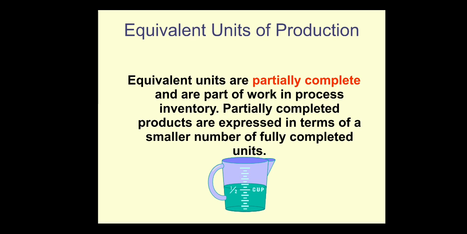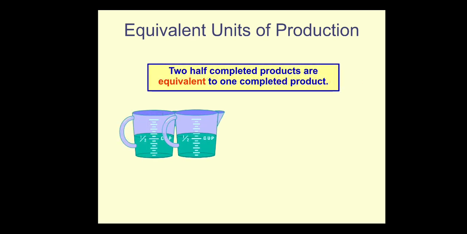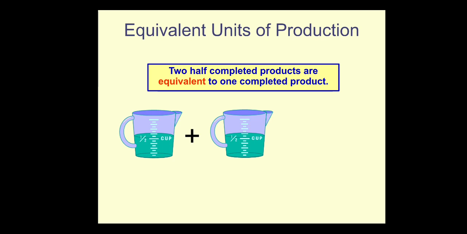So let's see the example here. Equivalent unit of production. If you see there are two partially completed products and the completion is 50% each, these two 50% completed products equal one complete product. So see here, if there are two products and each product is 50% complete, these two products equal one completed product.